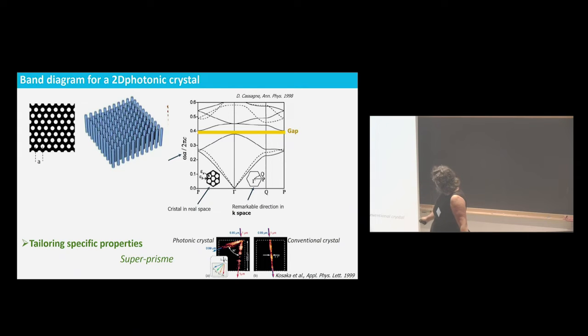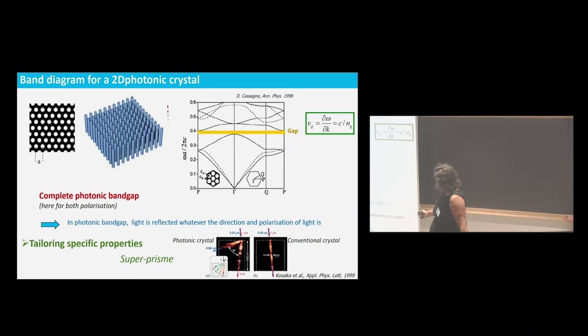Another important thing is that the group velocity is the derivative of omega as a function of k. And when you look at specific points, you have two specific points. The first specific point is this one.